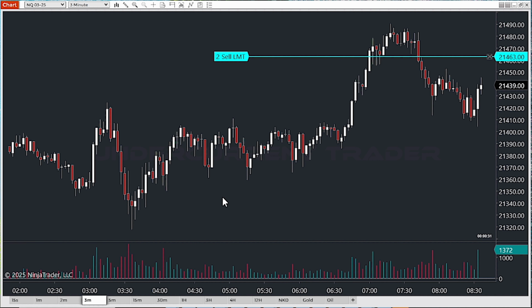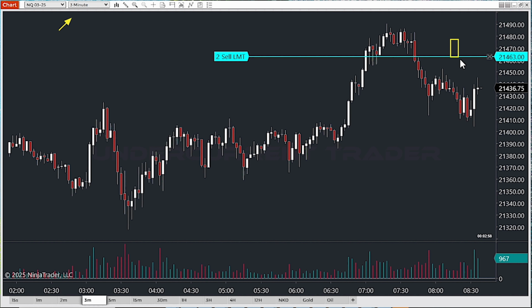So, let's begin here with a 3-minute chart, which in my view was instrumental in identifying the short setup for this trade. As you can see at the center of the chart here, we have this whole section of trading activity that clearly stands out.